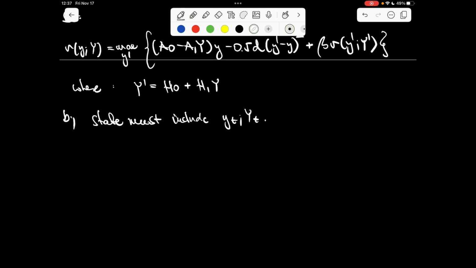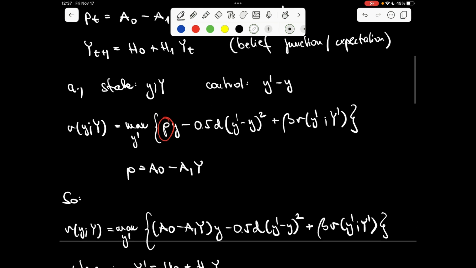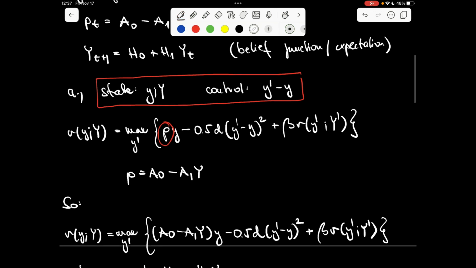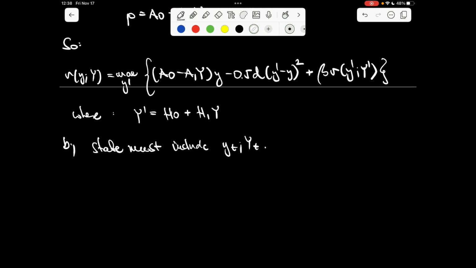So we have determined the control variable and the state for the firm. Let's try to formalize everything in the language of the optimal linear regulator.